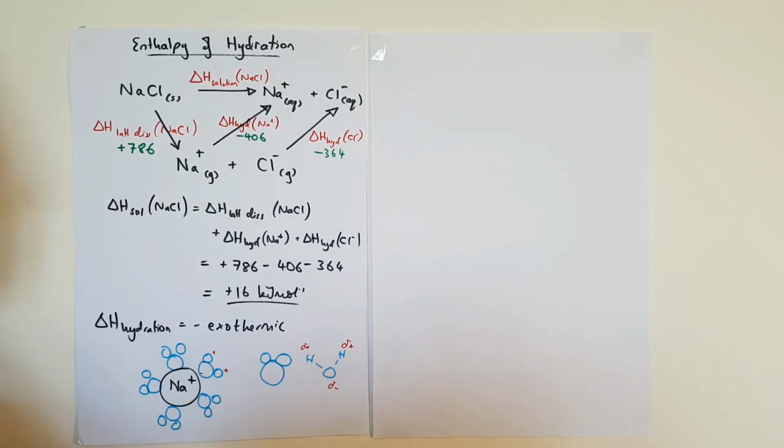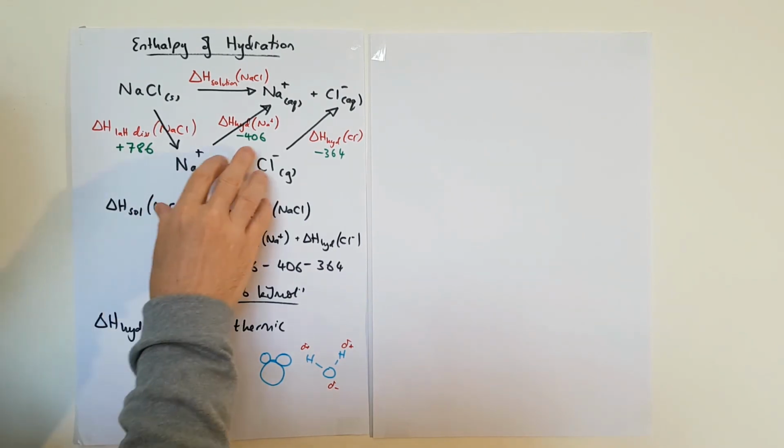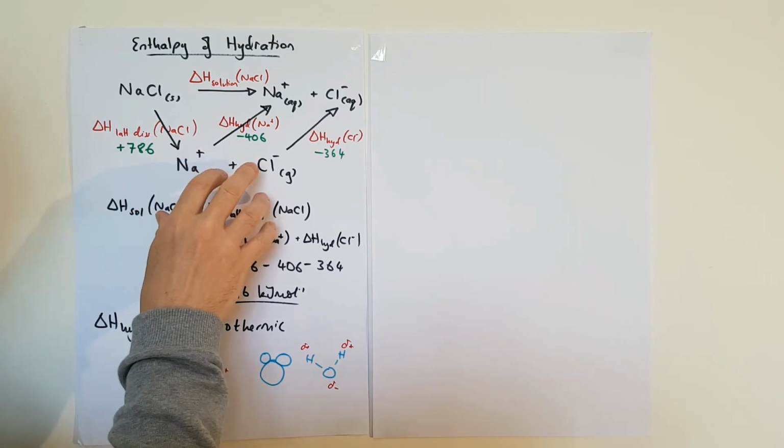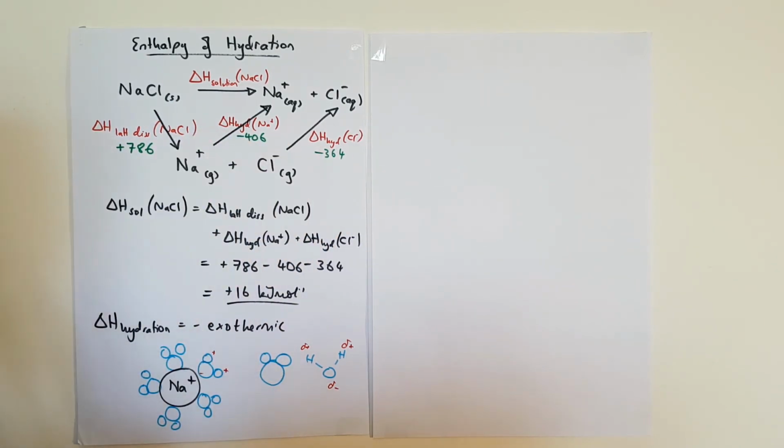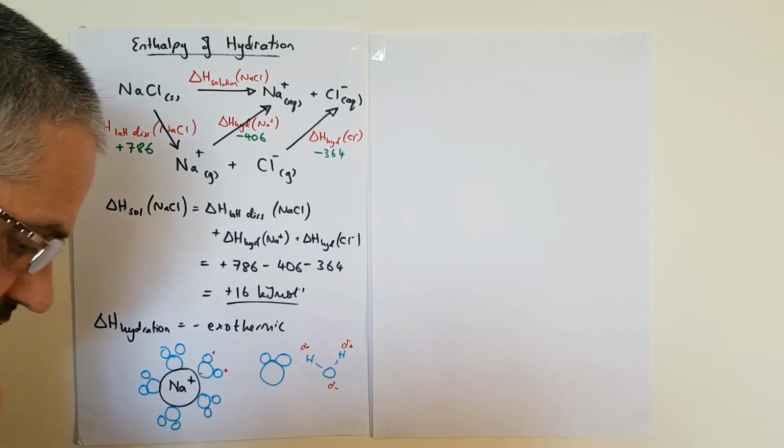But of course it will also increase the lattice dissociation enthalpy. So smaller, more highly charged ions will change both of these, and it's quite hard to work out just on paper whether something will dissolve or not. Okay, that's all I have to say about that.